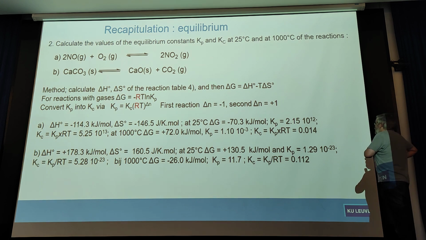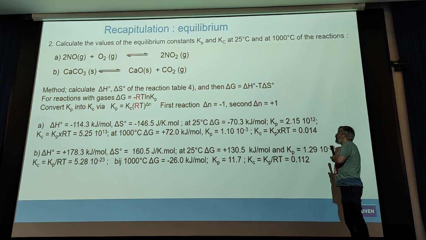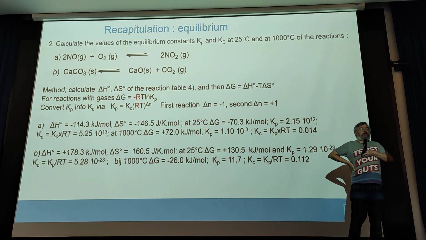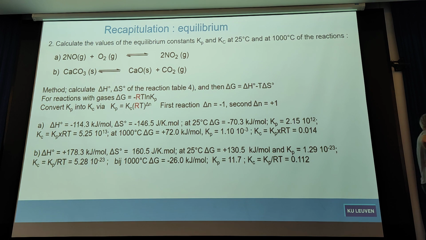Kp we can calculate with that formula, and you see it's 2.15 10 to the 12th. So that's a lot, that's 2 trillion. That means we have complete conversion, as complete as it can be.